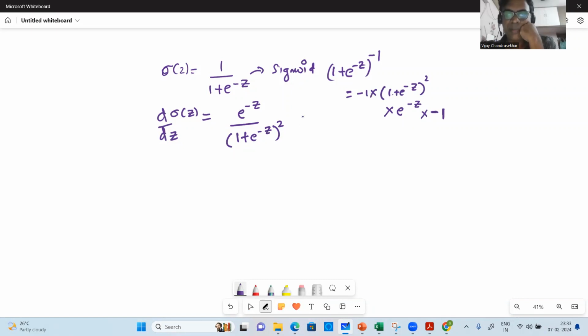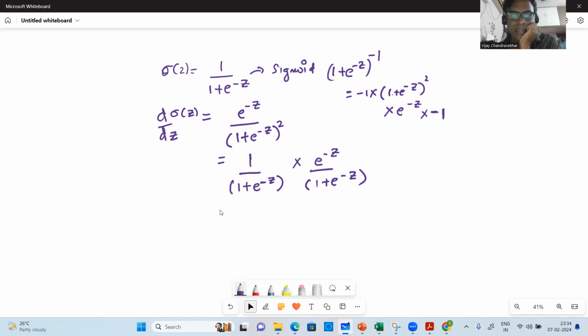Now this we can split it as, sorry, why am I struggling with this? Give me a moment, folks. Can I write this as 1 by 1 plus e power minus z into e power minus z divided by, can I write it this way?